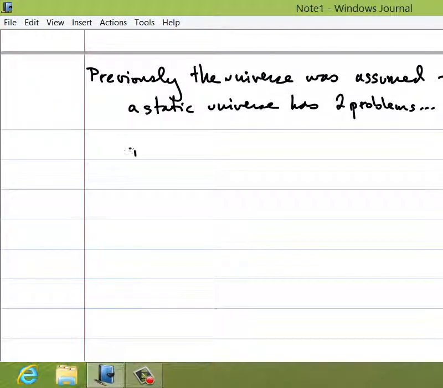So, first of all, as is clear even in Newtonian gravity, but is even more true in Einstein's theory of gravity, static universes are unstable to gravitational collapse.